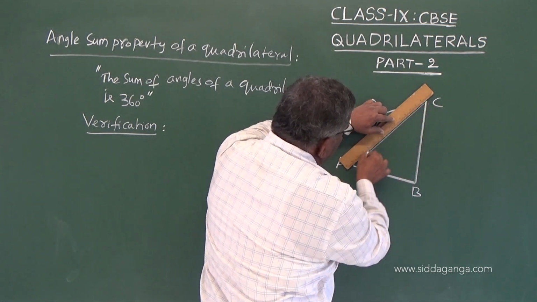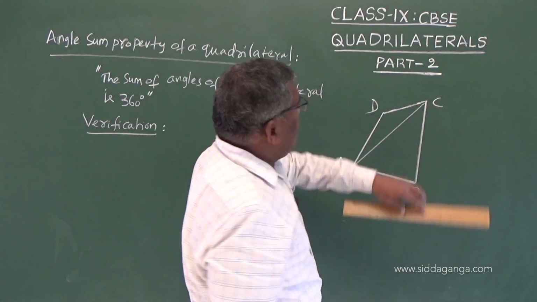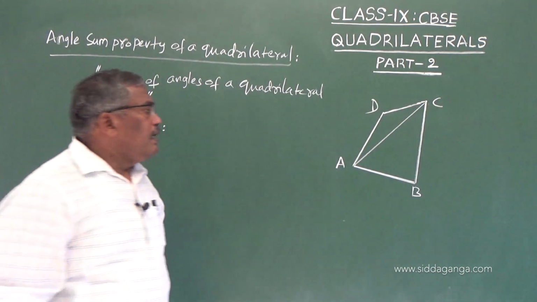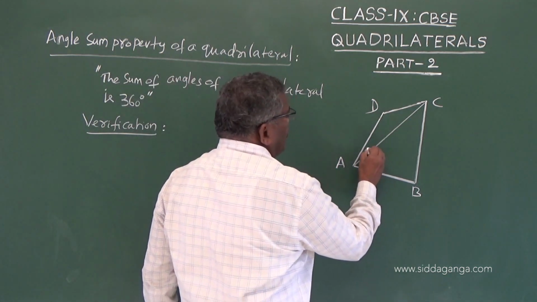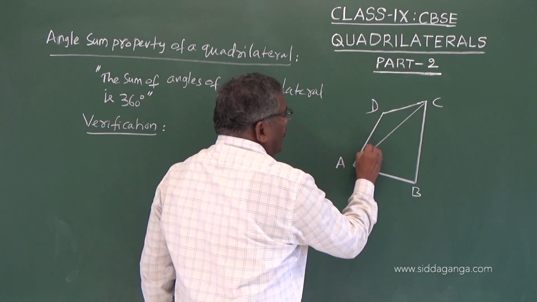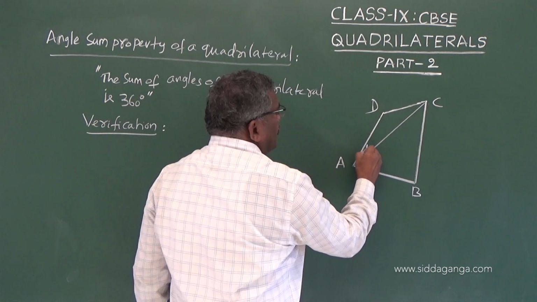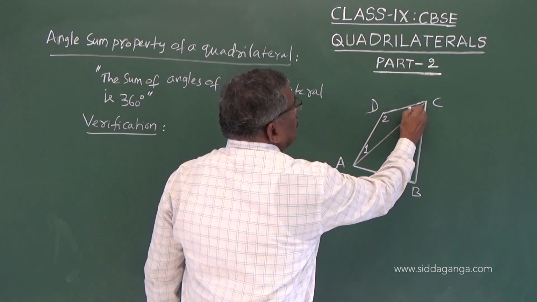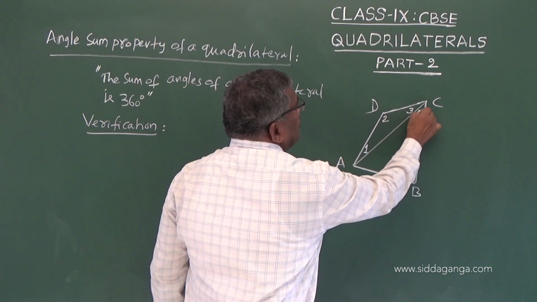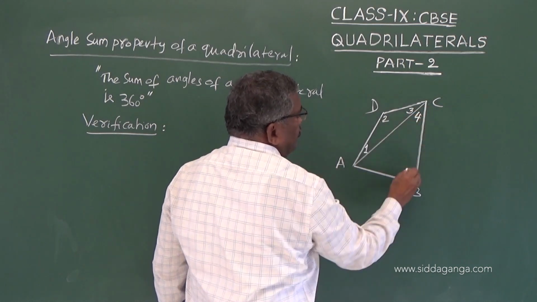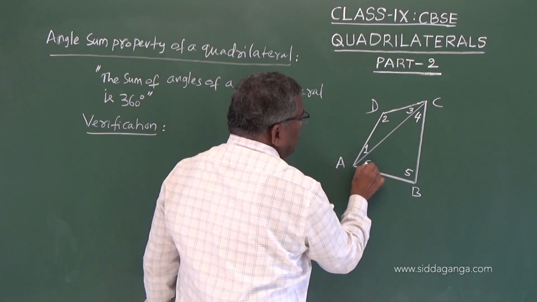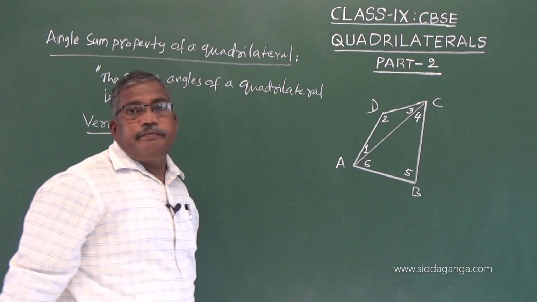It is a diagonal, as you know. Now I will name this angle as 1. This is angle 1. This is angle 2. This is angle 3. This is angle 4. This is angle 5. And this is angle 6.